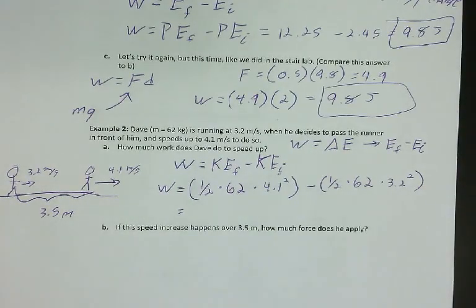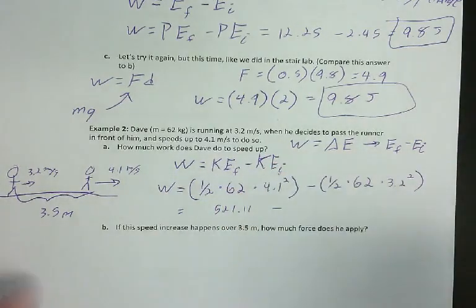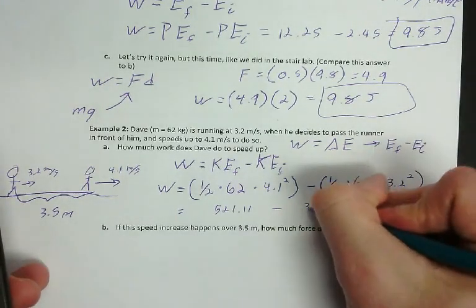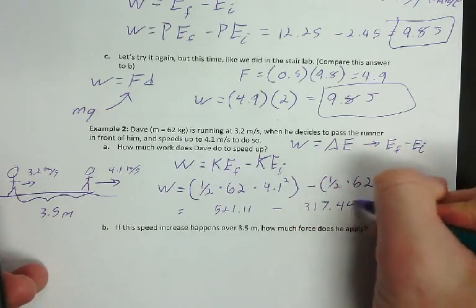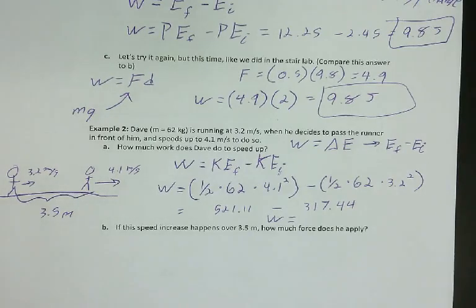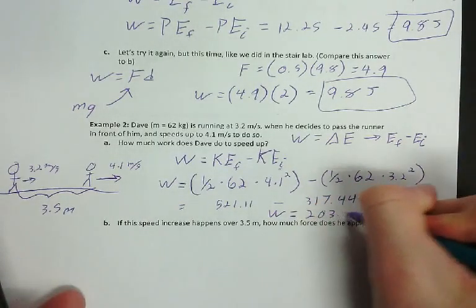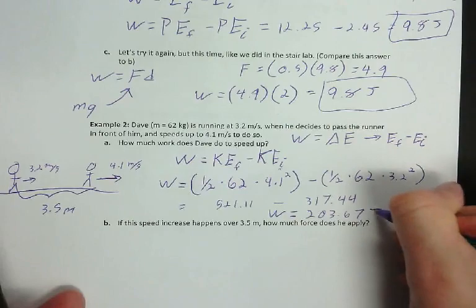All right, 0.5 times 62 times 4.1 squared, 521.11, minus 0.5 times 62 times 3.2 squared, 317.44. Subtract those from each other and you get the work equals 203.67 joules.